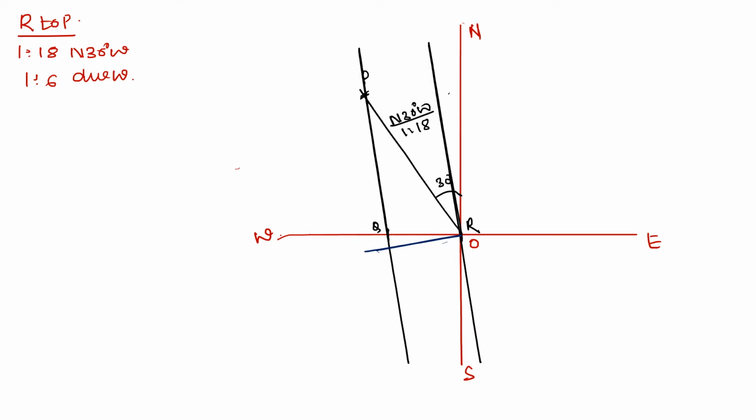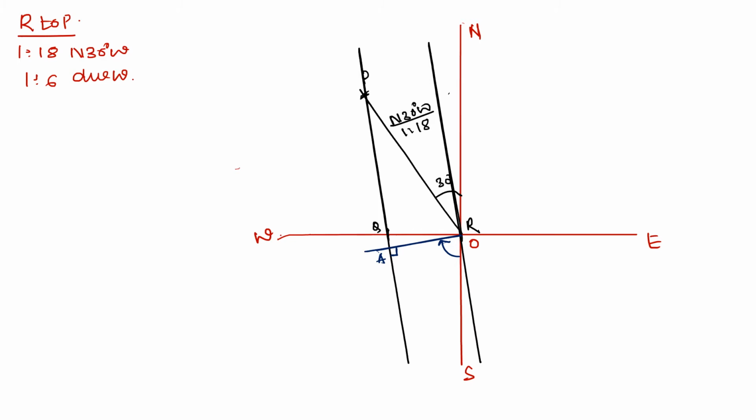Perpendicular line will be of this kind. This is my 90 degrees. I'll name this as, say, A. You measure this angle, and measure the distance RA.